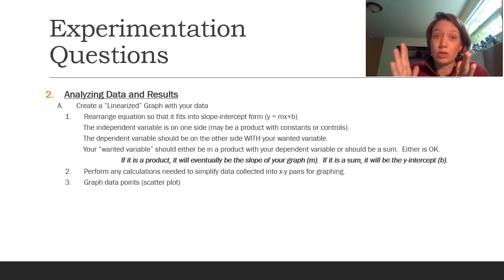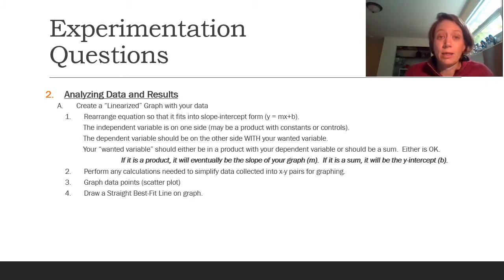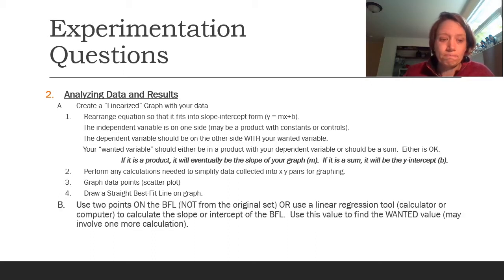So you'll now have XY, and you guys should be pretty familiar with how to do graphs. So you're going to put XY data pairs on your graph. And if you've done it correctly, this graph should look linear, which means that all the points should line up in some sort of straight line. And the last step is to draw a straight best fit line on your graph.